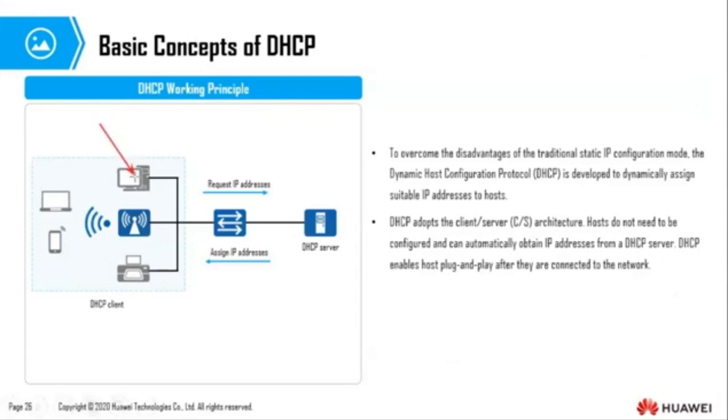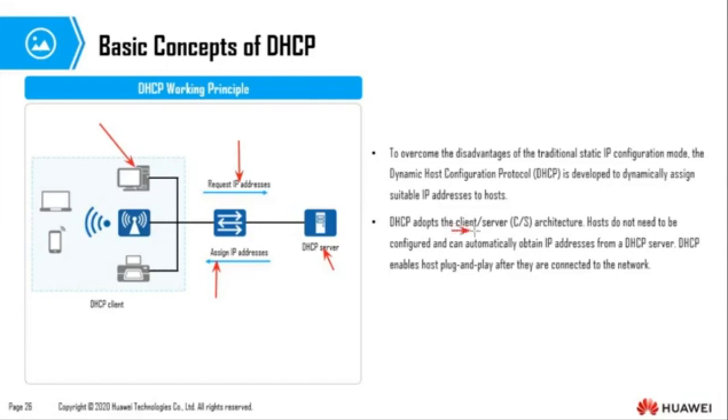You connect to the network, then you request an IP address. Then the DHCP server will assign you an IP address. It will send you an IP address together with other configuration details like the gateway, the DNS server, etc.